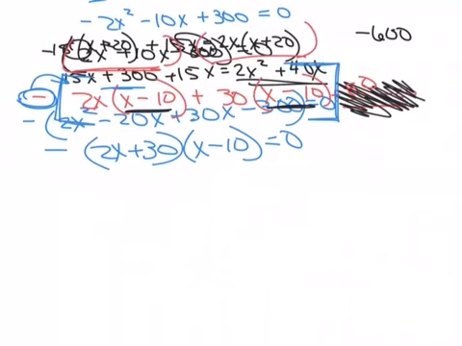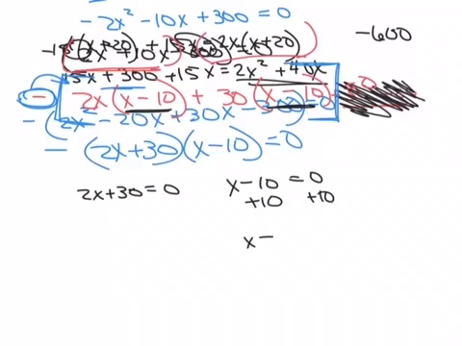Alright, now what? Well, we set 2x plus 30 equals 0 and x minus 10 equals 0. So I add 10, so x equals 10. Over here, subtract 30, 2x equals negative 30.